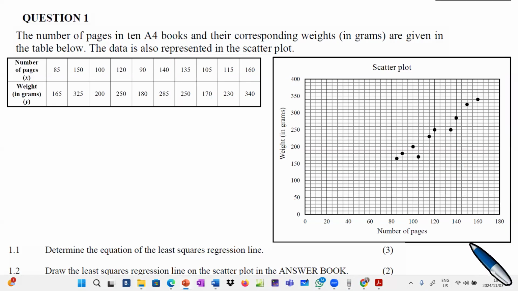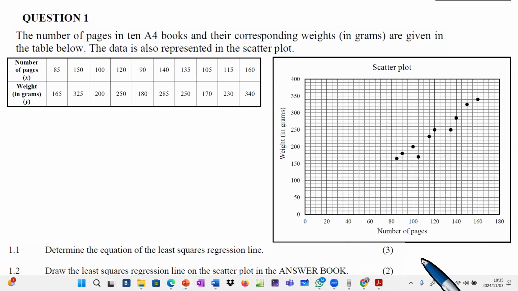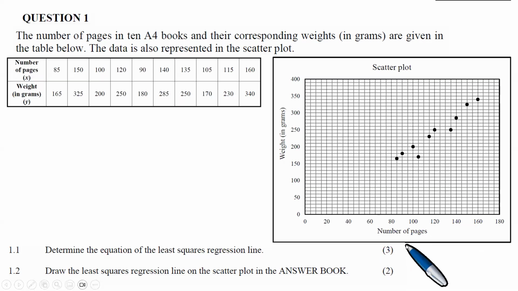Determine the equation of the least squares regression line, for 3 marks.